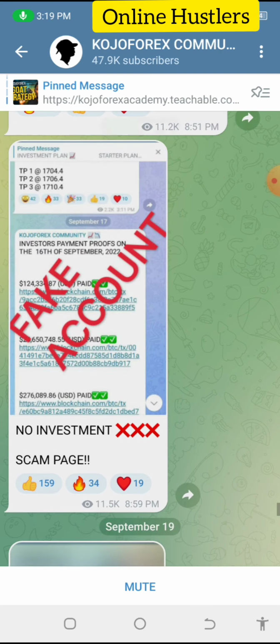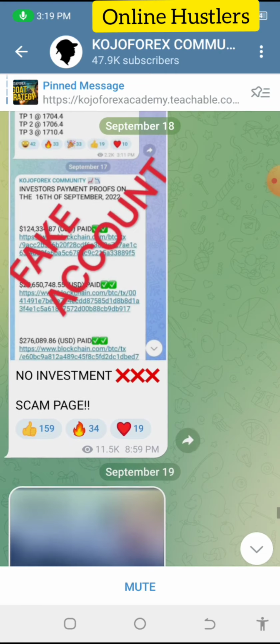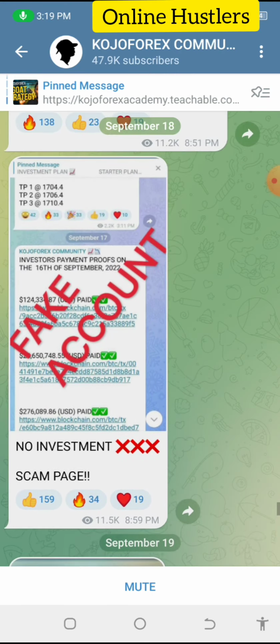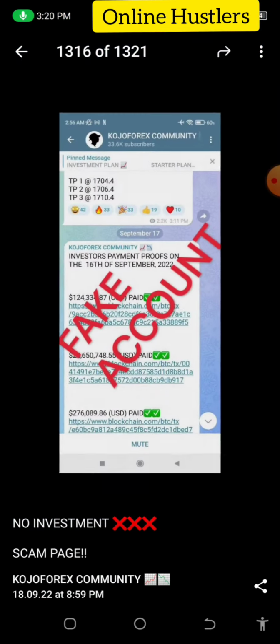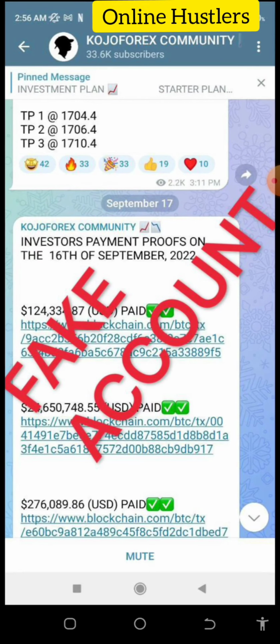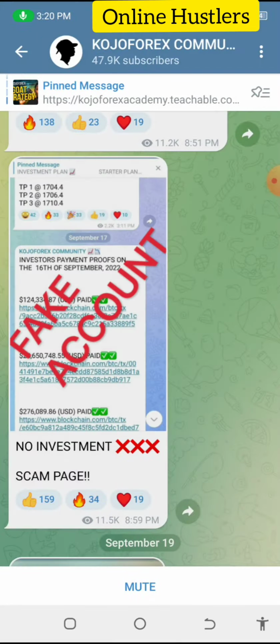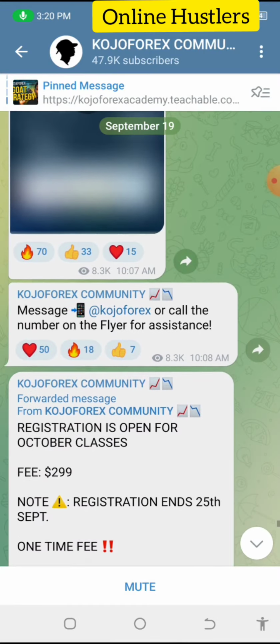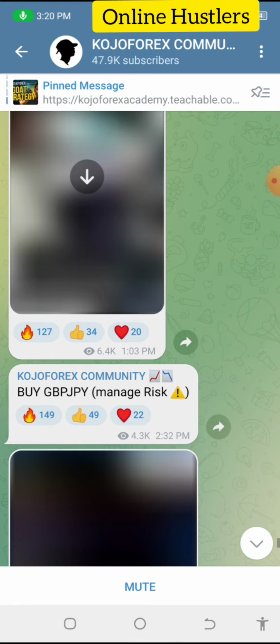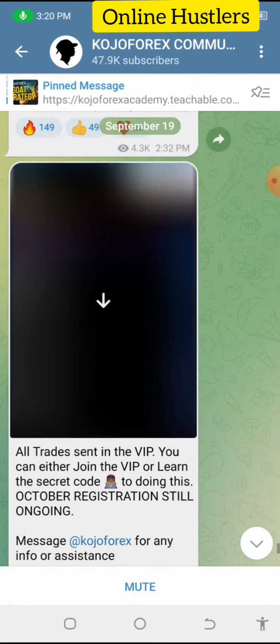Yeah, this is a fake account. So be careful not to fall into scammers' hands. As you can see, for your Forex community, he's not the one. This is not his account. So if you are trying to follow him on Telegram, you have to be careful with the account that you follow. I'll try and get his official Telegram channel in the description below.